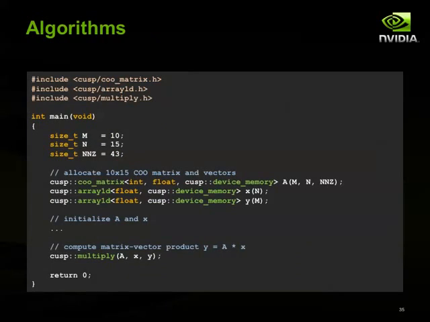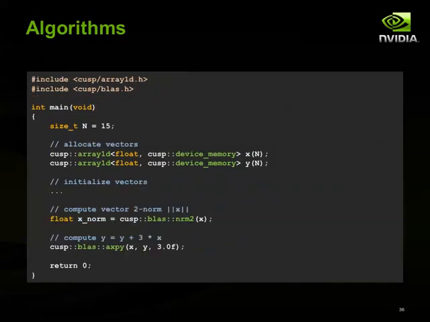There are lots of algorithms. So before I showed you the conjugate gradient iteration, that's one algorithm. Another one is multiply. So in this case, we can do a sparse matrix vector multiply. So we do y equals A times x. And you can feed in other things, like you can do sparse matrix times sparse matrix, store that in another matrix.